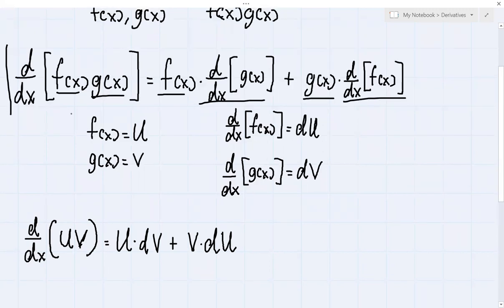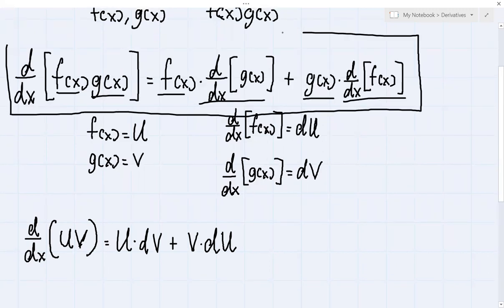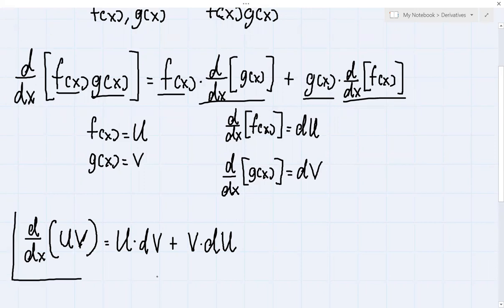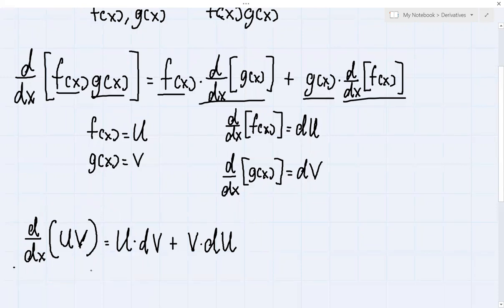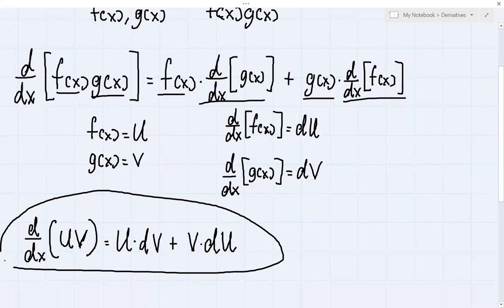Yung original na formula na nasa taas, or yung nasa baba, imbes na yung mga formal na notations ginamit ko, I use two letters which is U and V. So for me, syempre, mas madali ito kasi this one is easy to memorize.